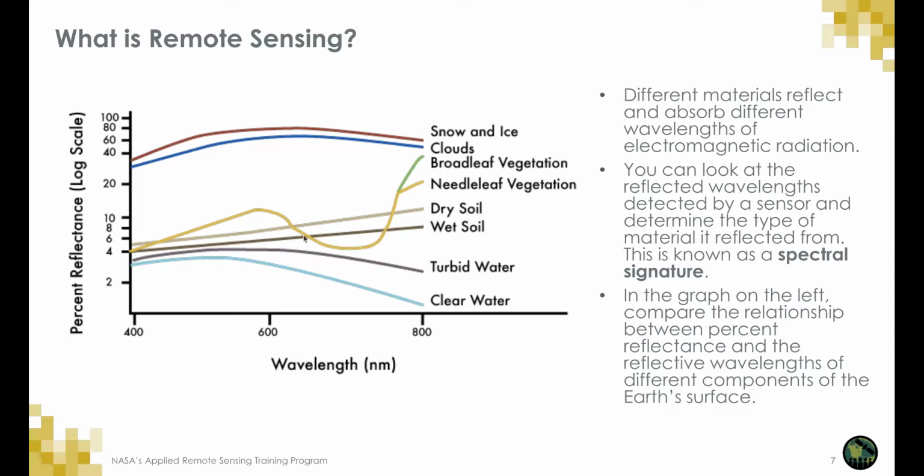Do you see, if you look at the graph, the part where it's going down, that means it's absorbing that part. That is the section that it is not reflecting off. So around 700 nanometers, you can see that it goes down to the lowest point, then it starts to pick up.